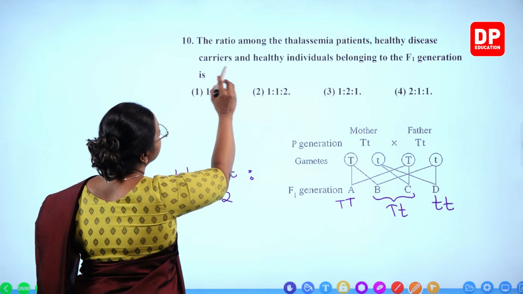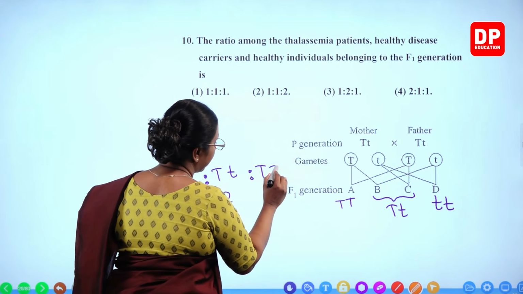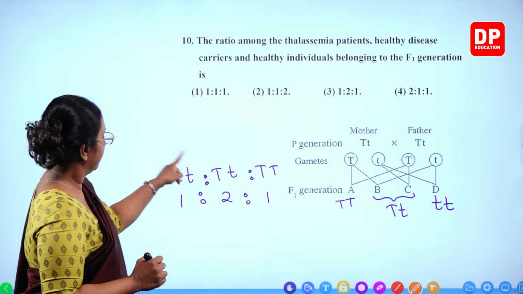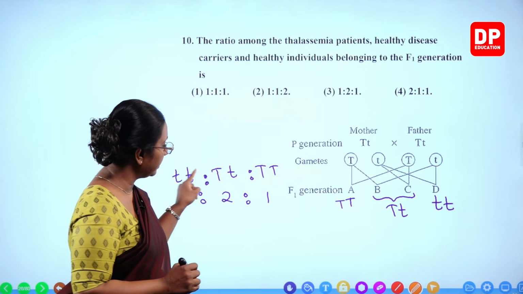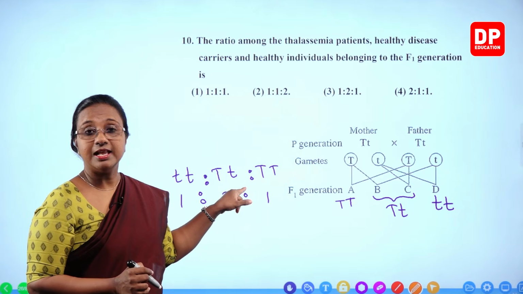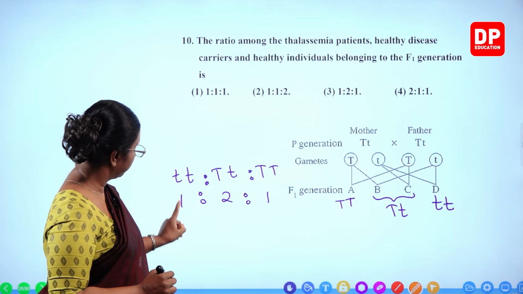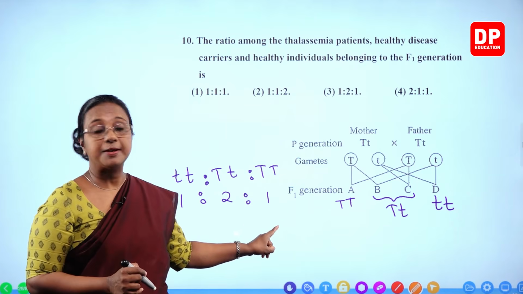Finally, healthy individuals, capital T capital T: also one. One disease, two carriers, and one healthy individual. So the ratio is going to be 1:2:1.